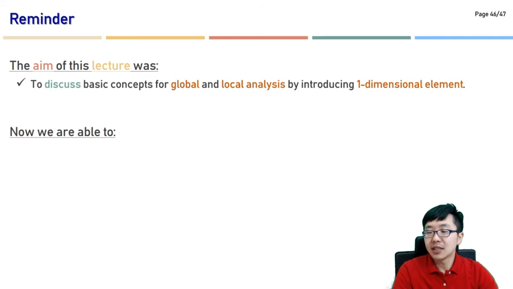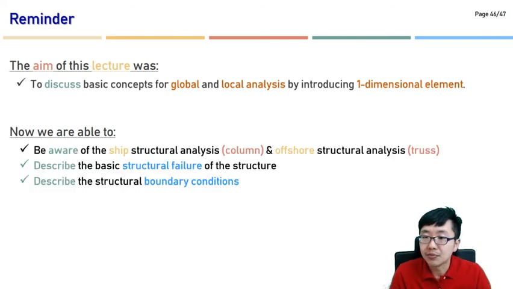So reminder, in this session we discussed about basic concept for the global, local, how we gonna connect it, basic concept for the structural analysis, safety assessment, and now we could be able to understand ship structural analysis, column, offshore structure, truss members, failure, and buckling, boundary conditions, something like that.